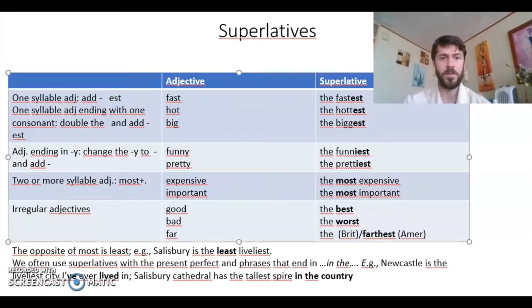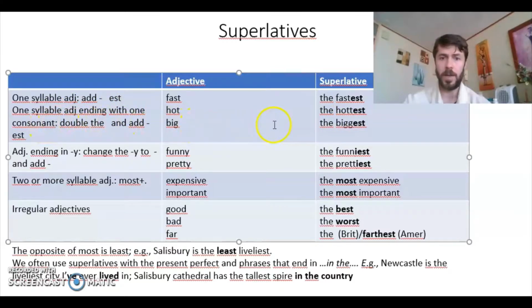Also notice that with these superlatives, we use the definite article: the fastest, the hottest. Now look at the hottest and the biggest.